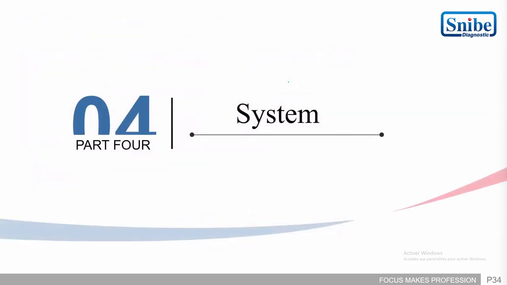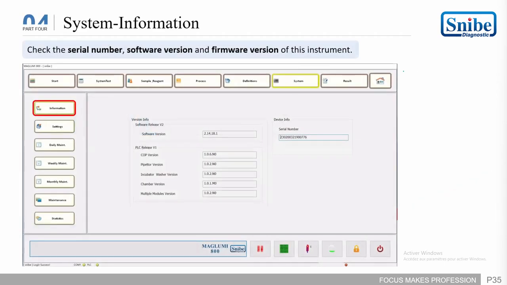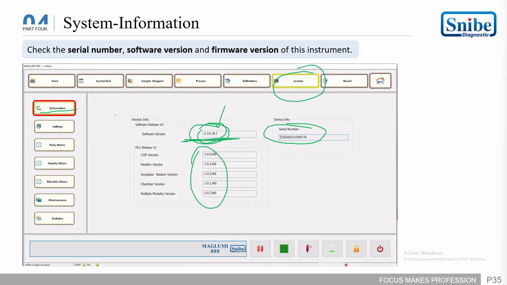Next is the system interface. In the system interface, firstly, we have information. In the information, you have the serial number of the analyzer, the version of the software, and the version of the firmware. You can, for example, check after making the software upgrade, enter the system information and check whether the upgrade is done successfully.